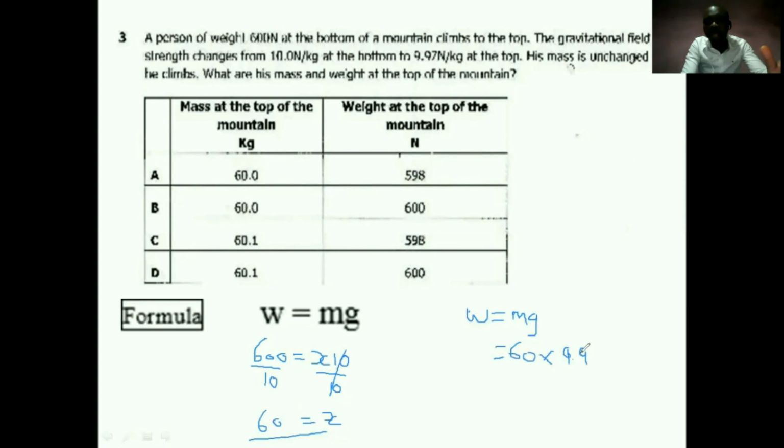So when you multiply 60 times 9.98, it gives us 598.8. Meaning our answer is A. The answer for question 2 is A.